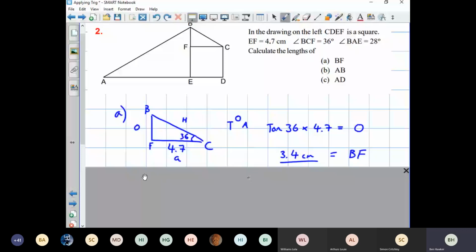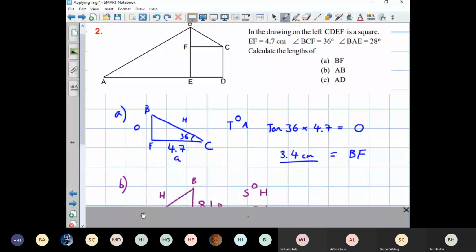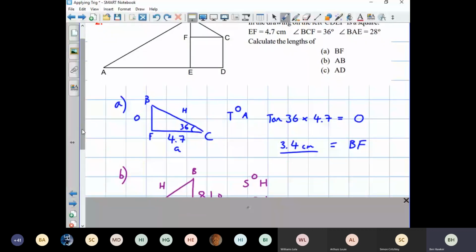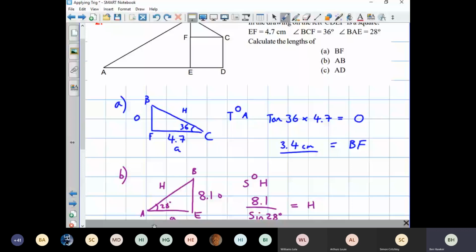Okay. And then move on to finding AB, which is the larger triangle on the left-hand side. Again, I do my diagram, put my bits of information on there, and I know that I've worked out BF, which is 3.4.